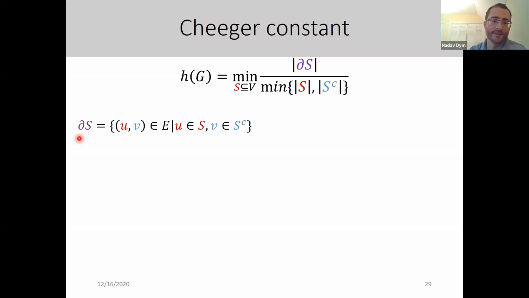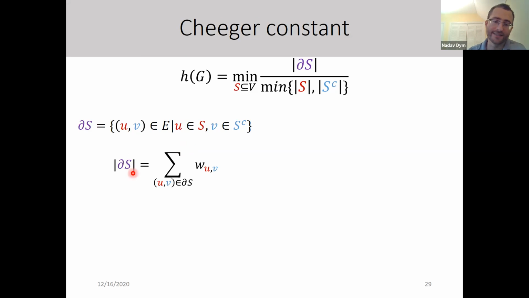That's the boundary. When you measure connectivity, you're not connected if this is small. For example, if you are really disconnected, then you will have a non-trivial subset of the vertices for which the boundary is 0.